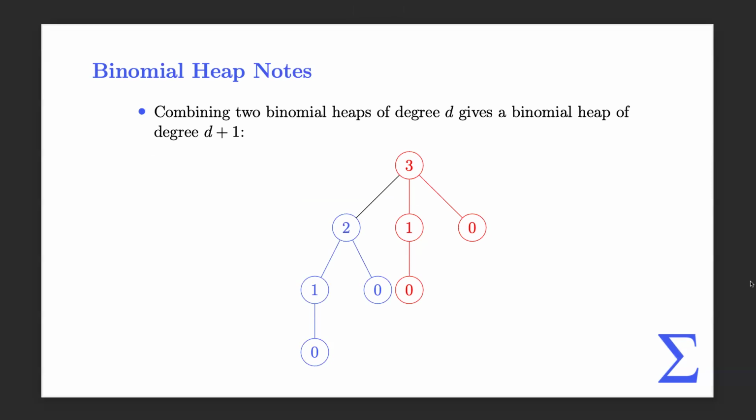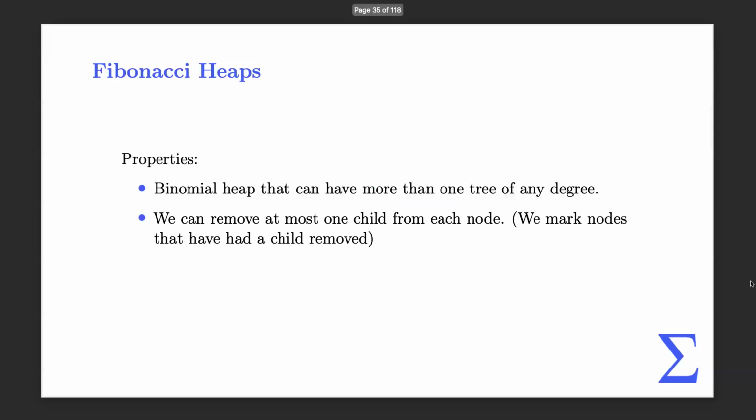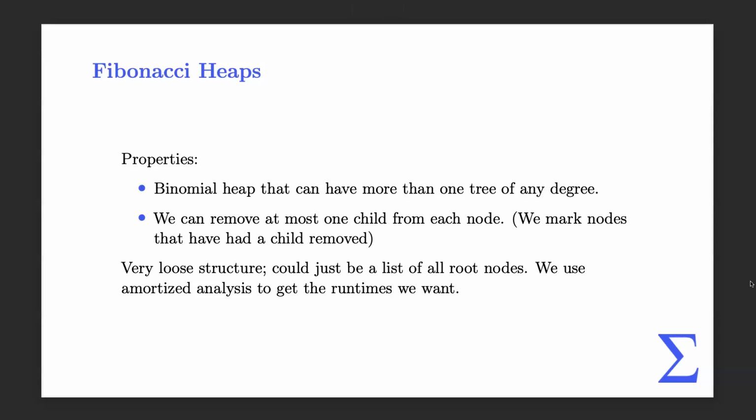That gets complicated, but in Fibonacci heaps, we don't care about that. We just say it's okay if it's not exactly a binomial tree, but we're going to mark that it's wrong, for reasons that we'll see. I know I keep saying that. But it's a very, very loose structure. And again, we're going to use amortized analysis.